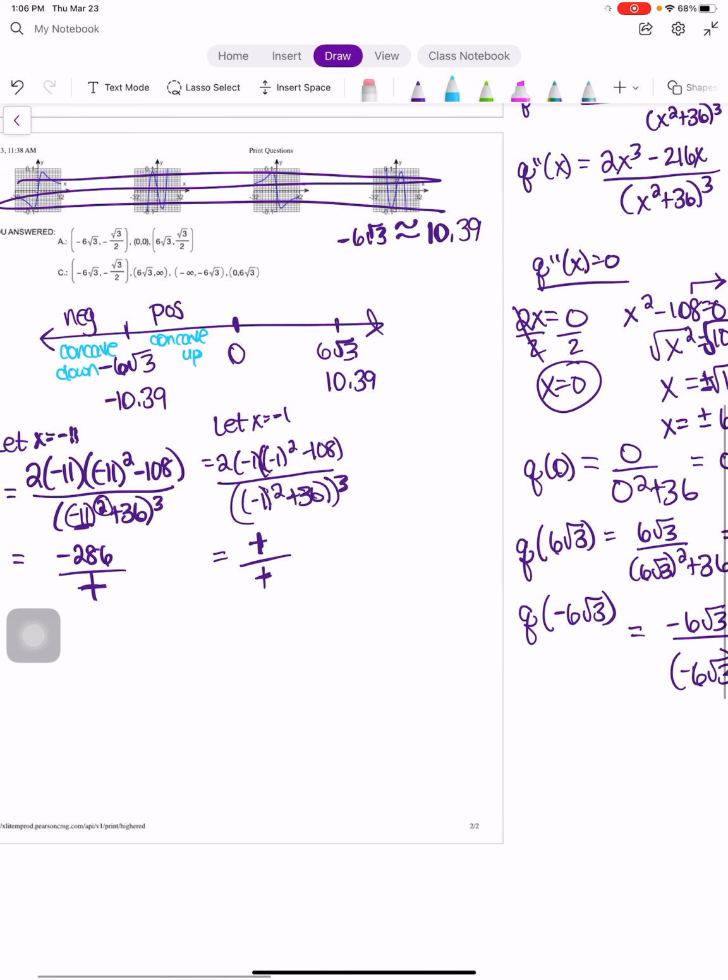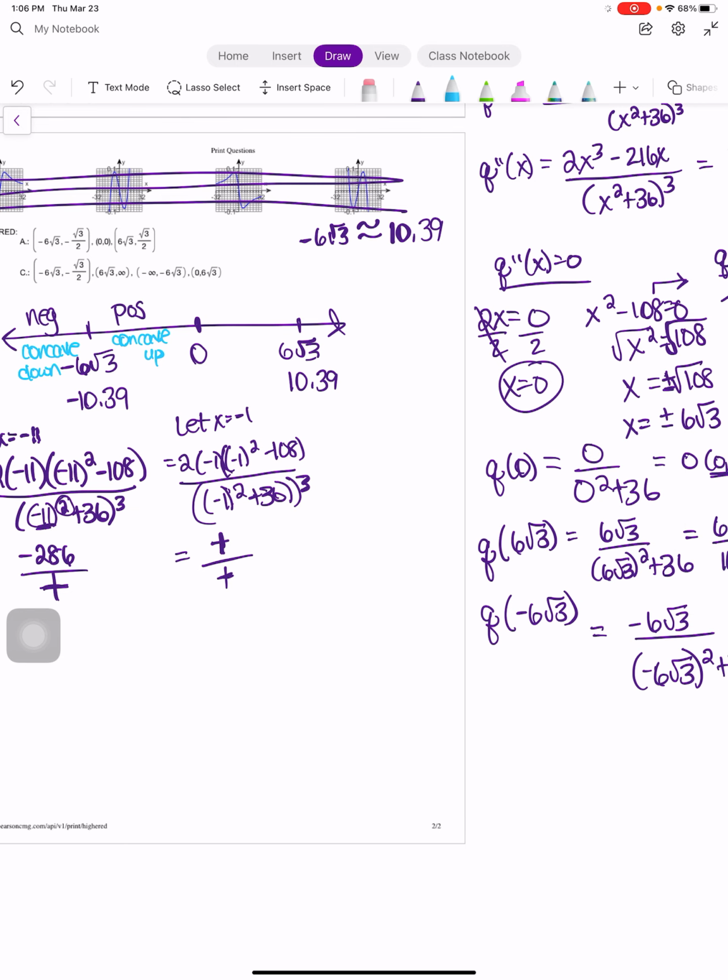And we can test with a positive one for the interval between 0 and 6 square roots of 3. For there, I could let x be equal to 1. And so that gives me 2 times 1, times 1 squared minus 108, divided by 1 squared plus 36, all cubed. Excuse me. And again, I'm not really concerned about the number. I'm just concerned about the sign.